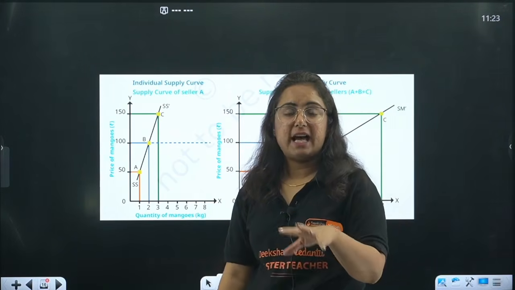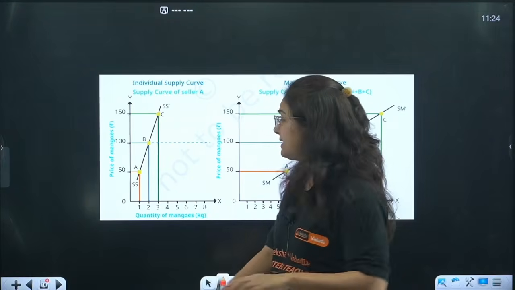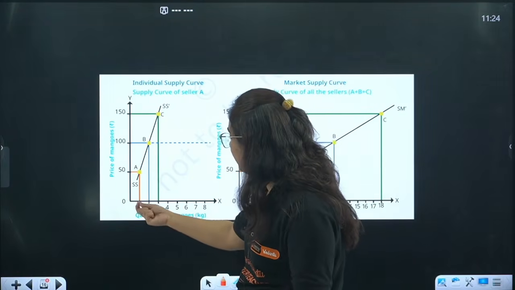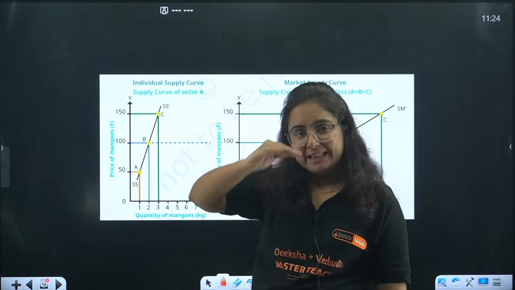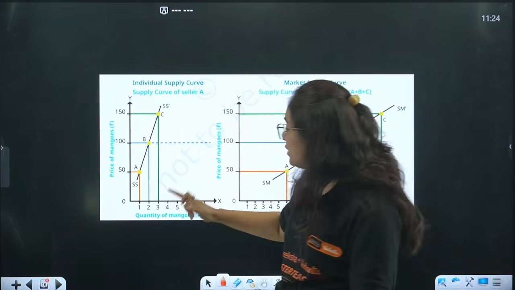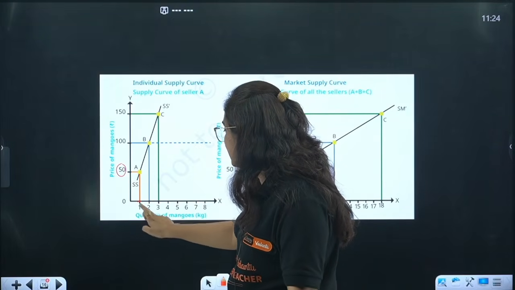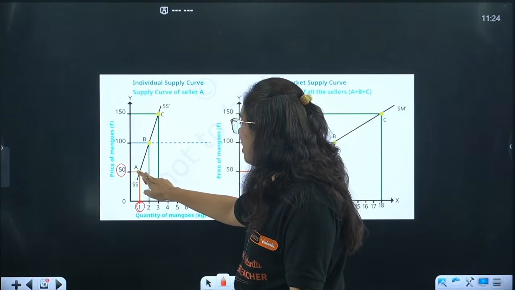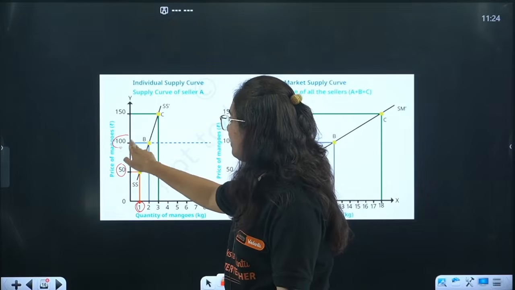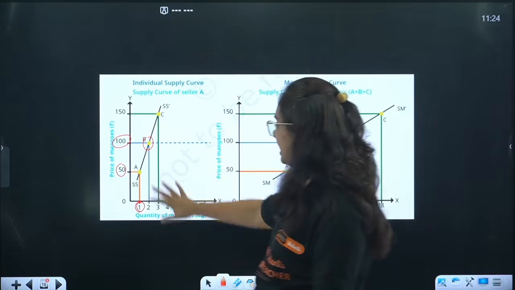When we analyze a single person, it will increase, but not in this space. At a price of 50 rupees, the quantity a person can make is 1. At 100 rupees, the quantity is 2. At 150 rupees, and the curve is like this.